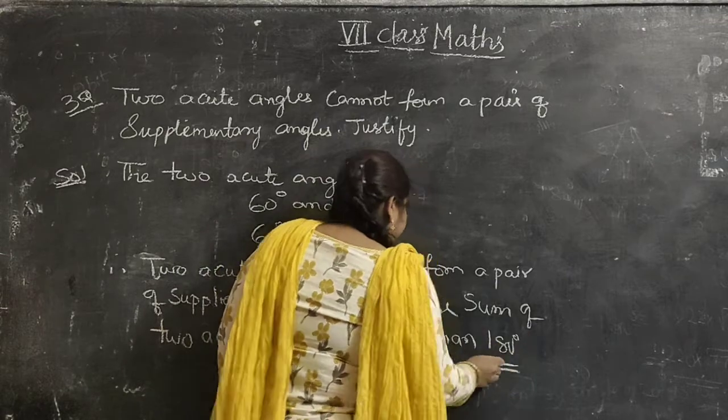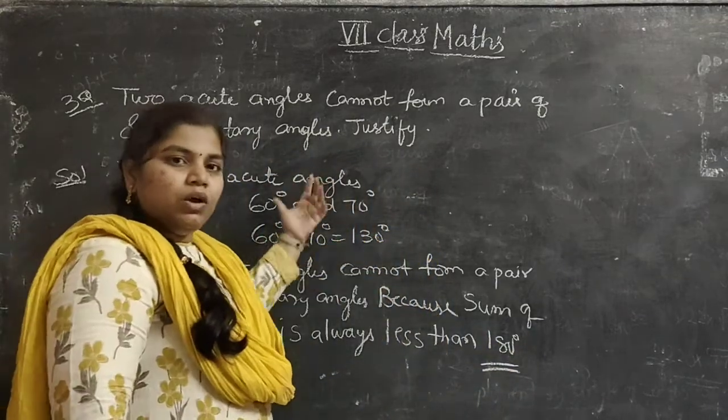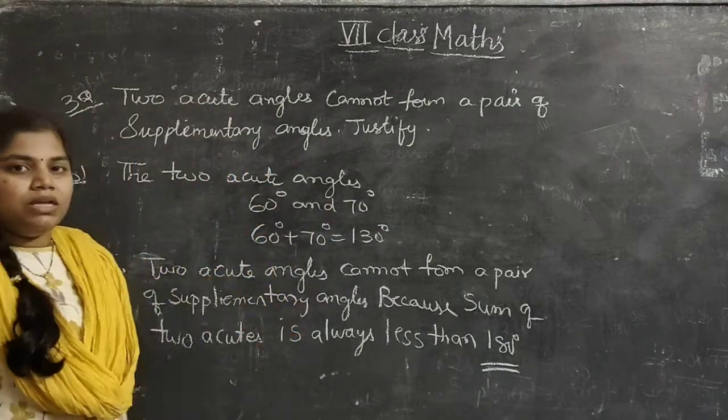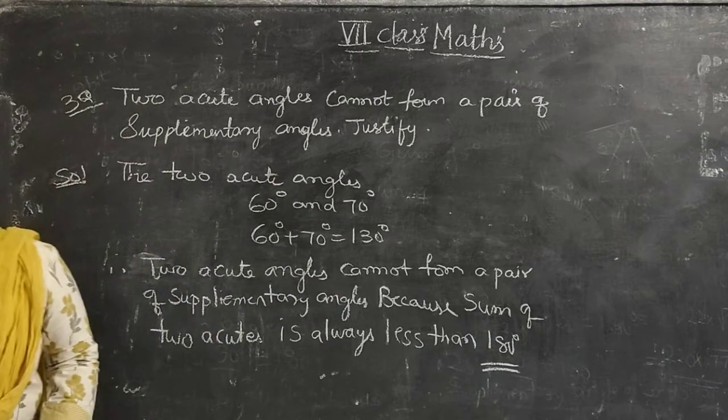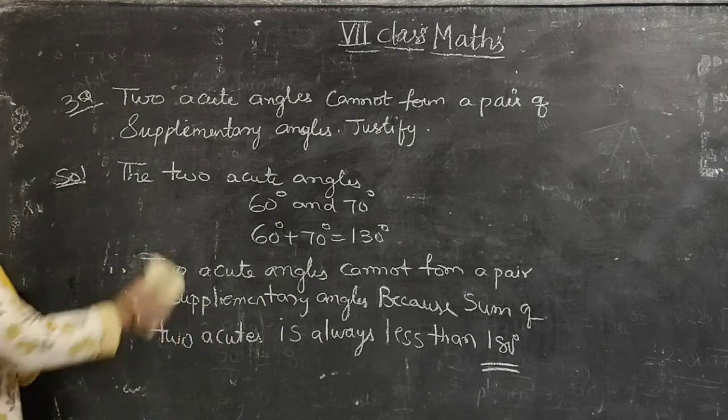If you take any two acute angles and add them, the result will always be less than 180 only. That's why two acute angles cannot form supplementary angles. Next is the last bit in this exercise 3.